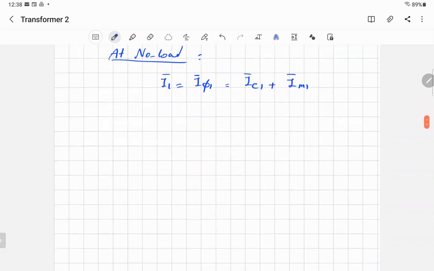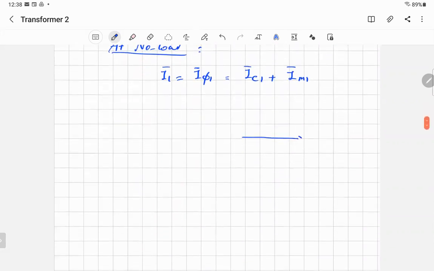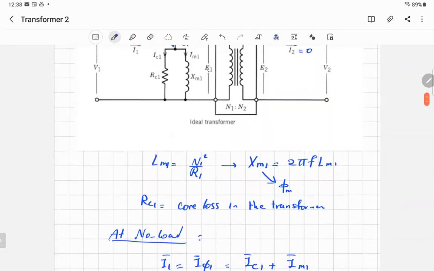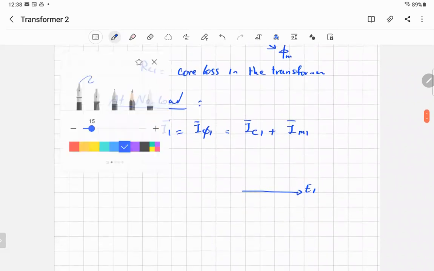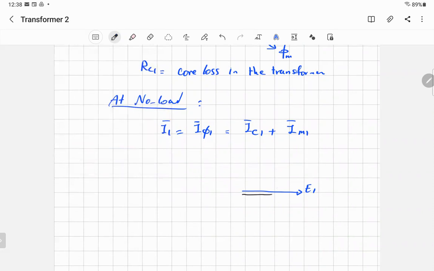Let me just sketch it for you. When you divide E1 by RC1, you get IC1 in phase, always the current in phase with the resistance. So let's choose different colors. Let's say that this is IC1.